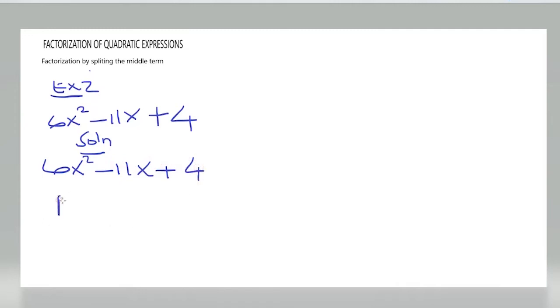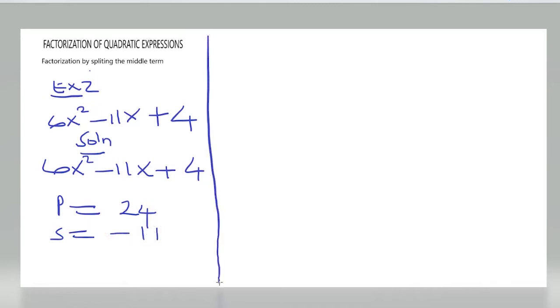Now the product is equal to 6 times 4, which is 24, and the sum is equal to negative 11. Now think of two numbers: when I multiply them, I get 24, and when I add them, I get negative 11.